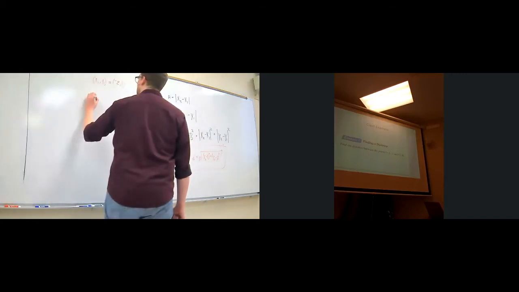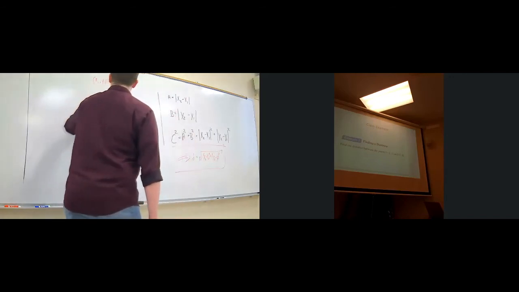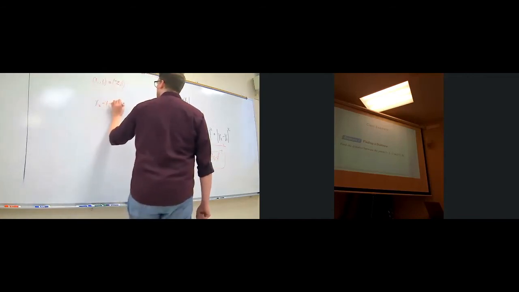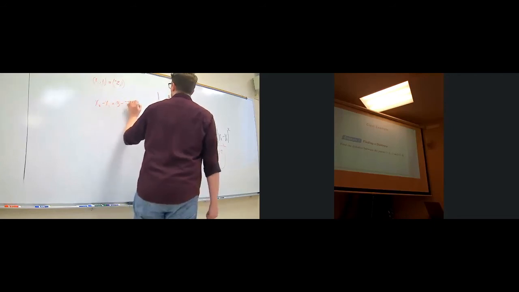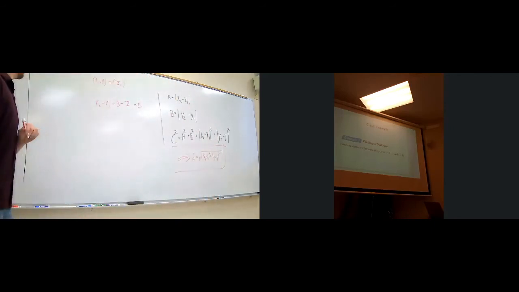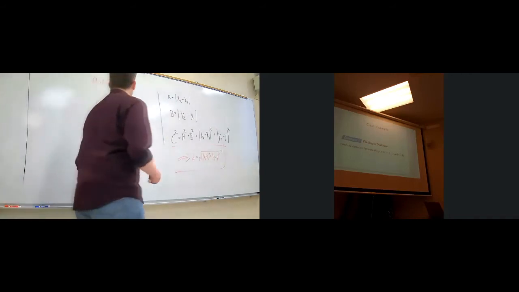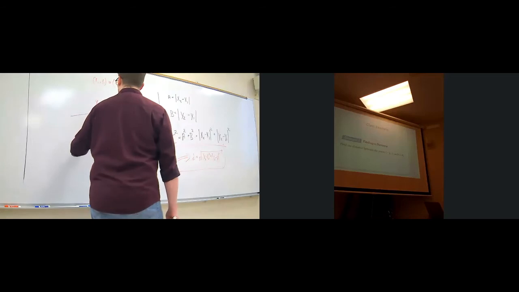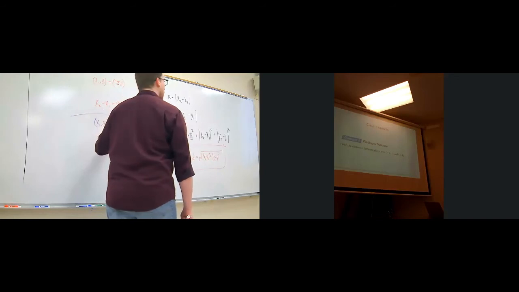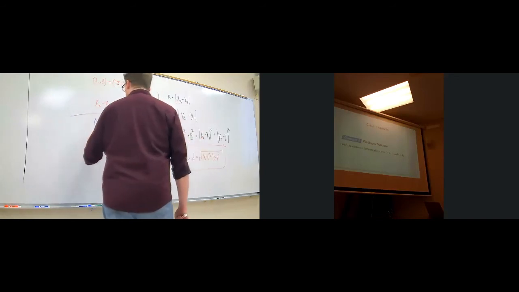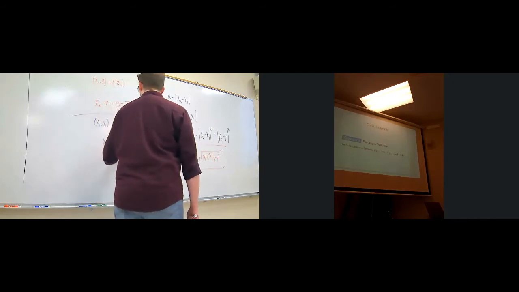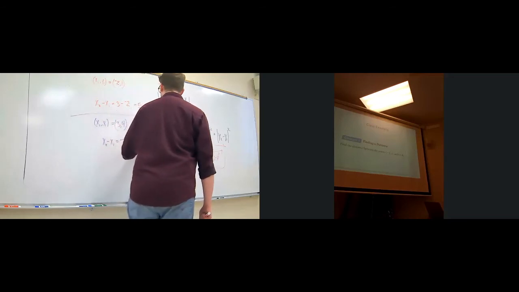Then x2 minus x1, that's going to be 3 minus -2, which is just 5, right? Now, if we swap that out, then x2 minus x1 will be -2 minus 3, which is equal to -5.